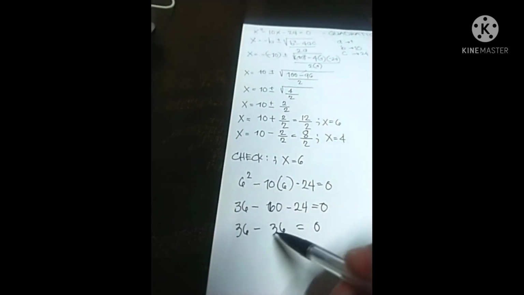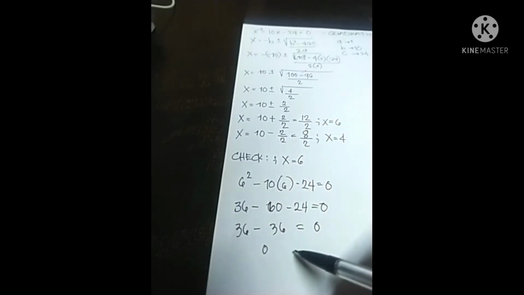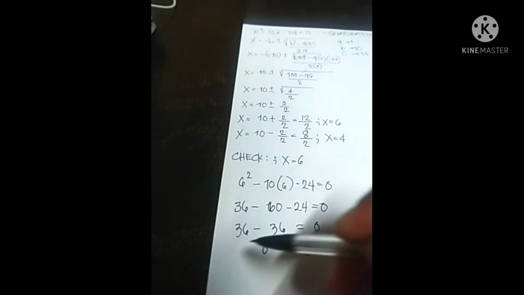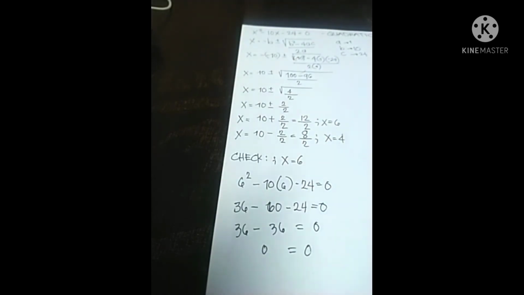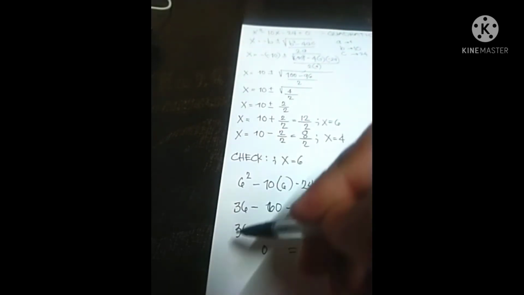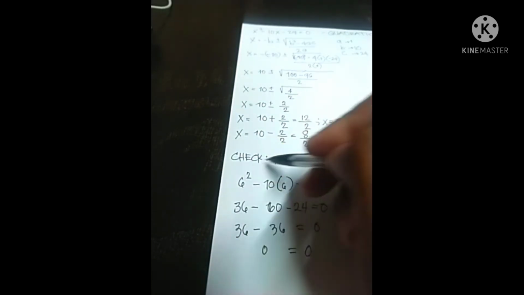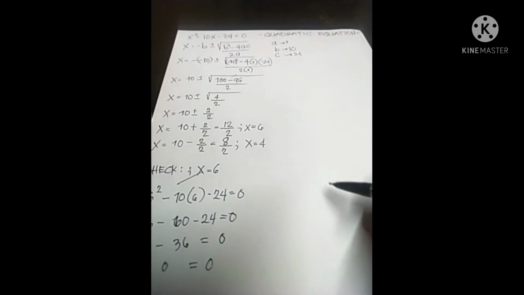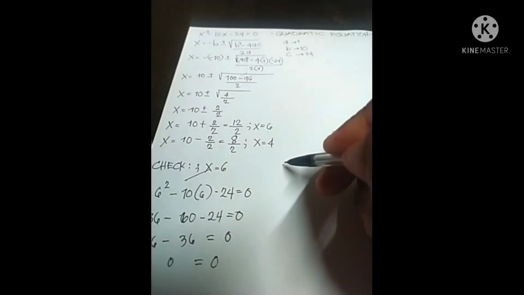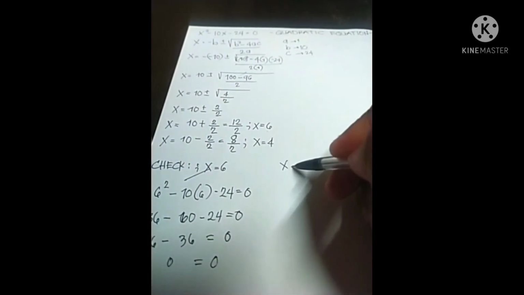So 36 minus 36 is 0 is equals to 0. So ibig sabihin guys, this value of x is correct. So how about the negative sign, which is the x is equals to 4.